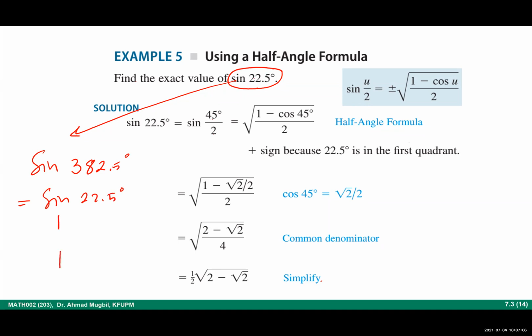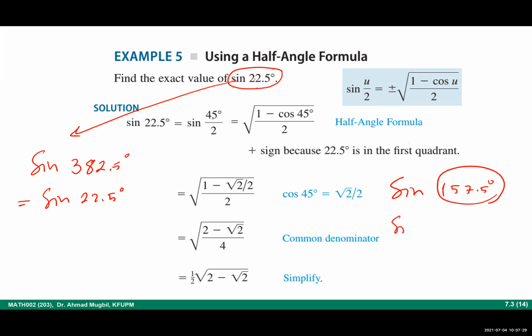They can, of course, make it negative. They can make it in the second quadrant, the fourth quadrant, for example. The same if you have sine, for instance, 157.5 degrees. This is in the second quadrant.